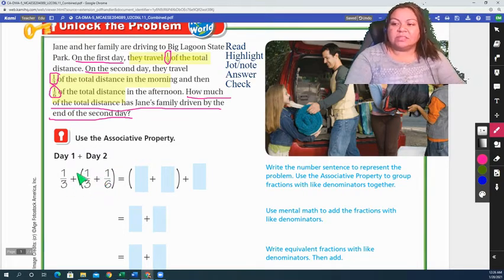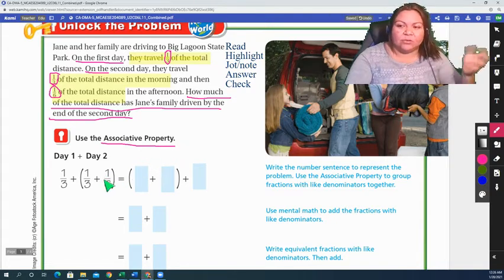Now, because we have parentheses, we will apply the associative property, in order to add these fractions more easily. I want to group the fractions differently. I want to change the grouping.